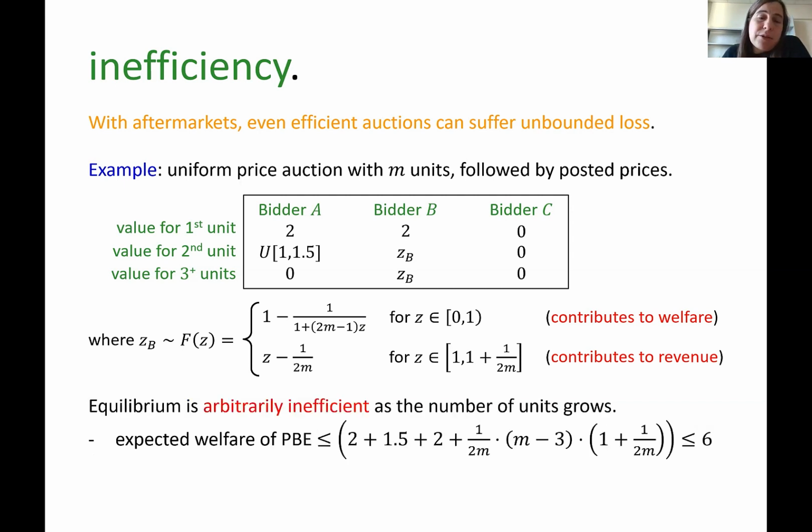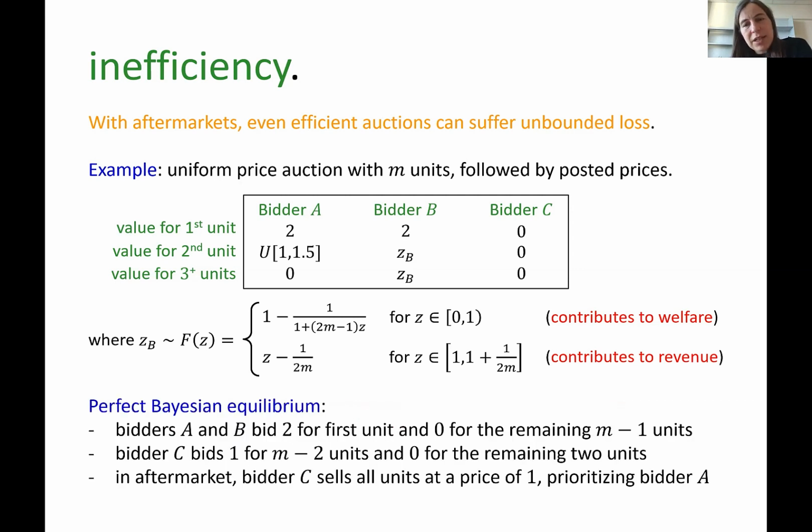And so there's a formal proof in the paper that this is a PBE, the strategies I suggest on this slide. But you can see what's going wrong here: bidder C is encouraged to buy specifically that unit that bidder A has a value of at least 1 for.